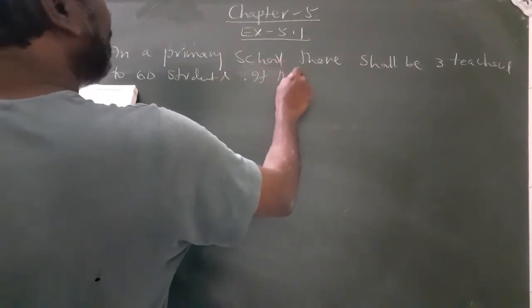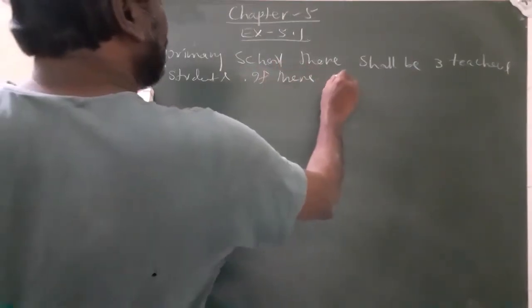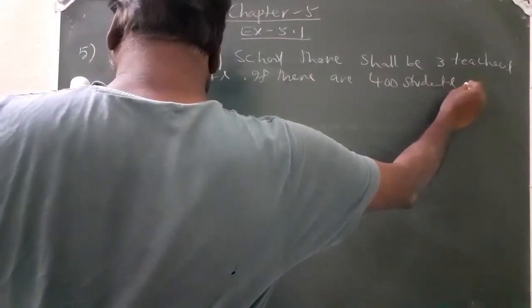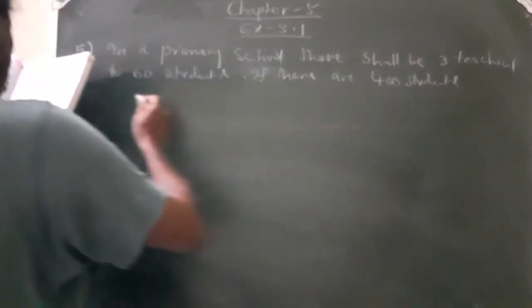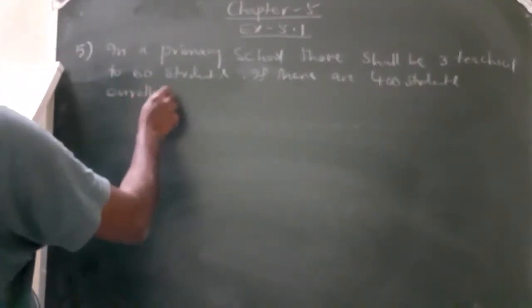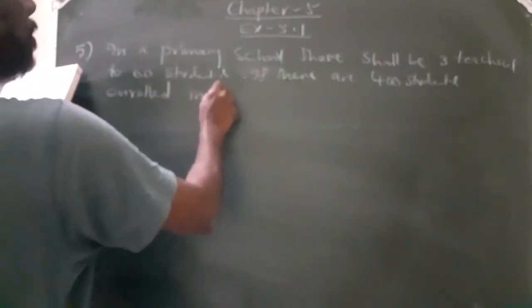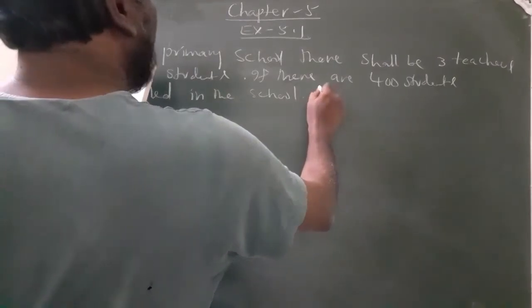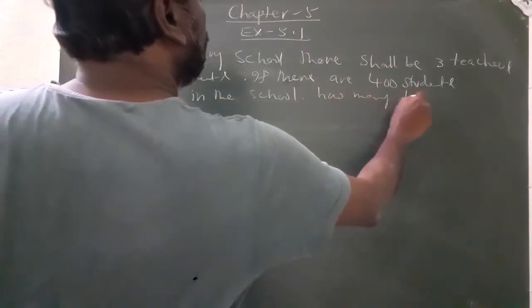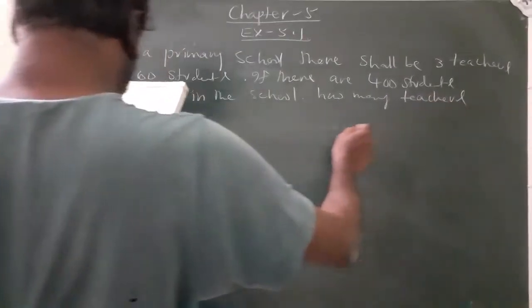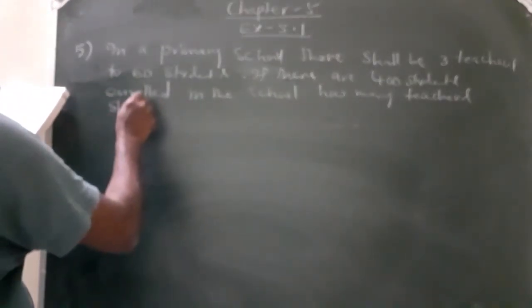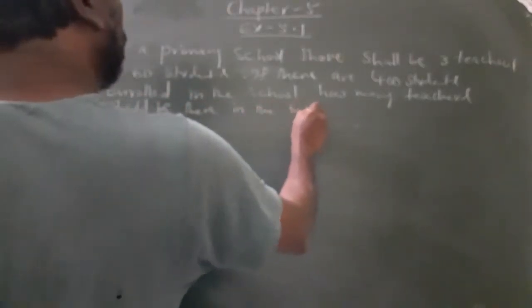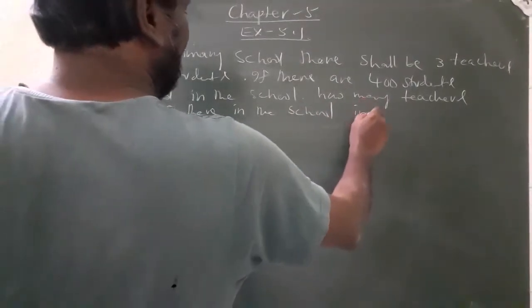If there are 400 students enrolled in the school, how many teachers should be there in the school in the same ratio?